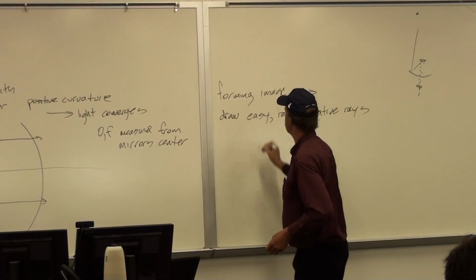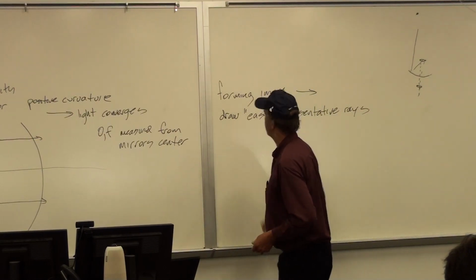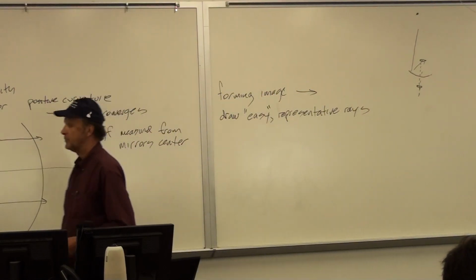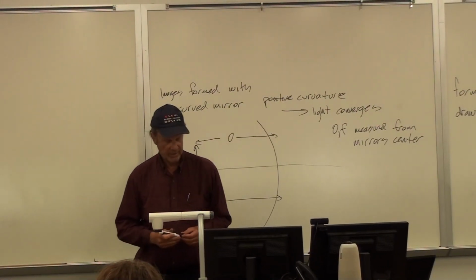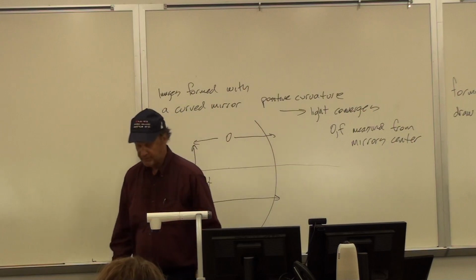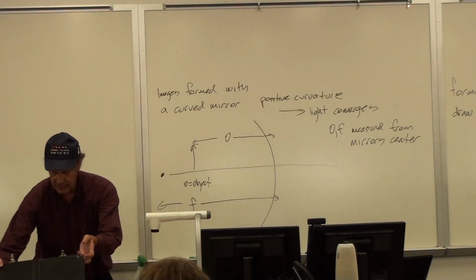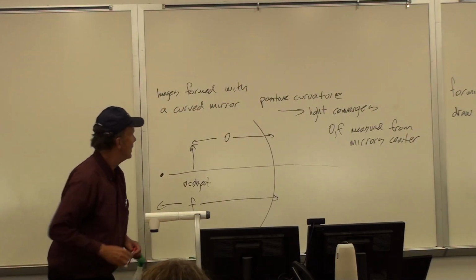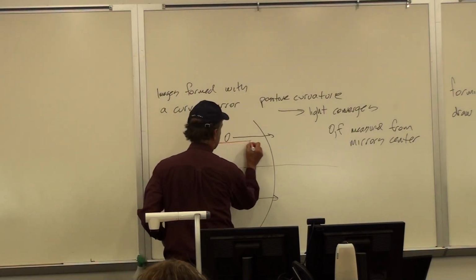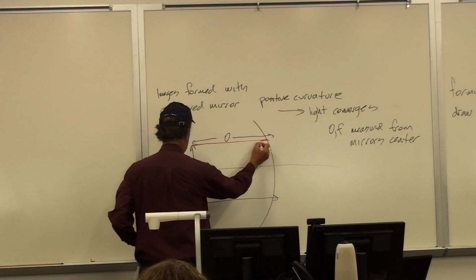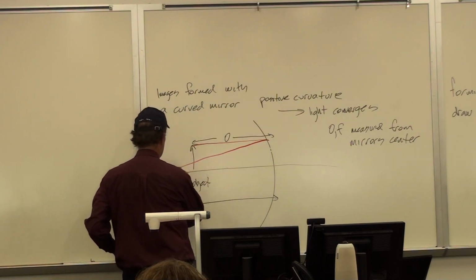We're drawing easy representative rays. So what principles can we work on here that'll help us? Well, one ray that we can always draw is going to come in parallel to the axis and then go through the focal point. Because we know that that's the basic property for our curved mirror.